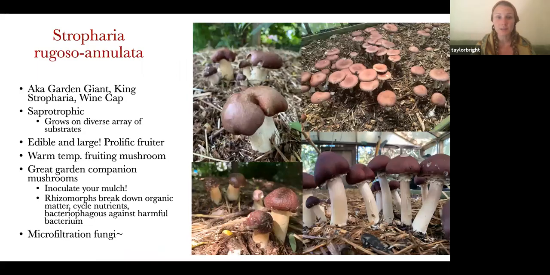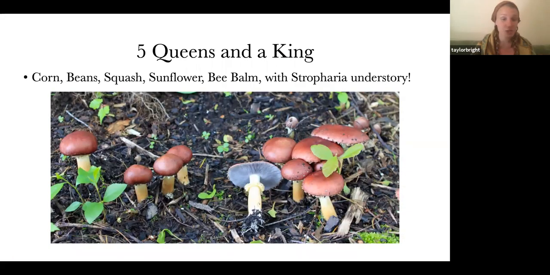One thing I love to do is when I'm mulching a garden bed or mulching paths, I will literally just sprinkle Stropharia spawn directly in that mulch, and they make a great garden companion mushroom. They help break down woody debris, and they help cycle nutrients in the soil. And they're a great understory companion to have in your garden.